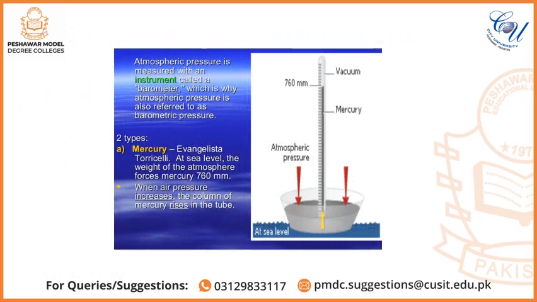Look at the diagram. Dear students, there is a long 100 centimeter glass tube which is filled with mercury, and there is a dish of mercury. So if we want to measure the atmospheric pressure, we will invert the 100 centimeter long mercury column into the dish of mercury. So the mercury column will come downward due to its heavy nature and high density.